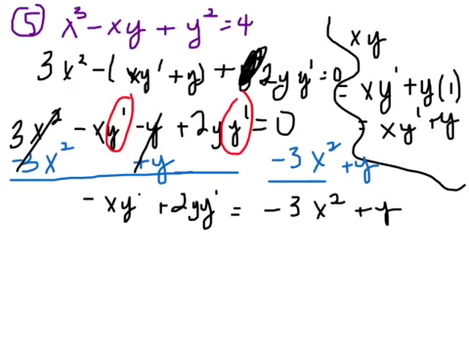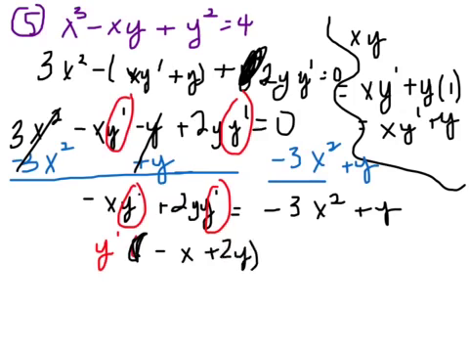Now, if I want to get y prime by itself, I could factor it out because it's in both terms. That's how I'm going to get it by itself. So I'm going to take out the y prime, and what I'd have left, in parentheses, is negative x plus 2y, equal to negative 3x squared plus y.